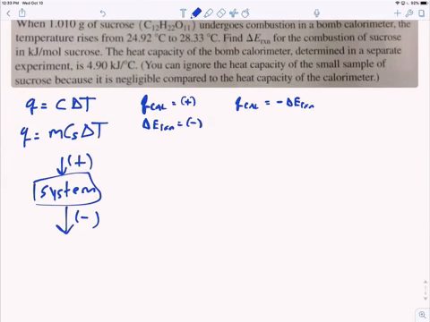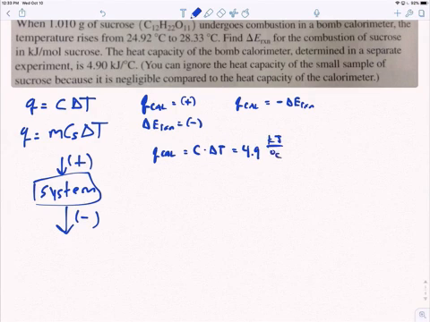Okay, so let's figure out the Q of the calorimeter. This is going to be the heat capacity times the change in temperature. Heat capacity is 4.9 kilojoules per degree Celsius times the temperature change. It's always final minus initial, 28.33 minus 24.92 degrees Celsius.